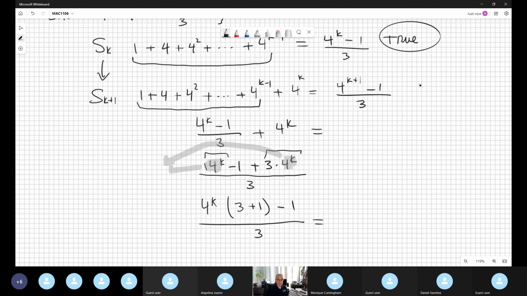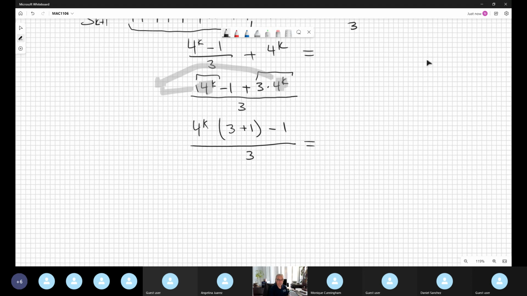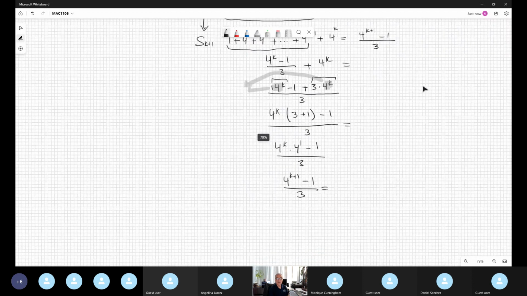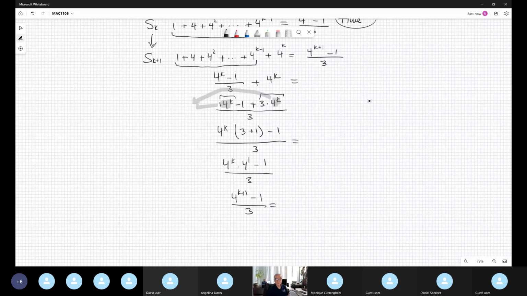And 3 plus 1 is 4. So we continue the manipulation. Maybe the manipulation is too long, but it's algebra. Then 4 to the k times 4, which comes from 3 plus 1. I am almost finished. Now you put together 4 to the k plus 1, because the exponent here is 1, and multiplication means adding exponents, you know. Now we compare this answer with the answer we have here.